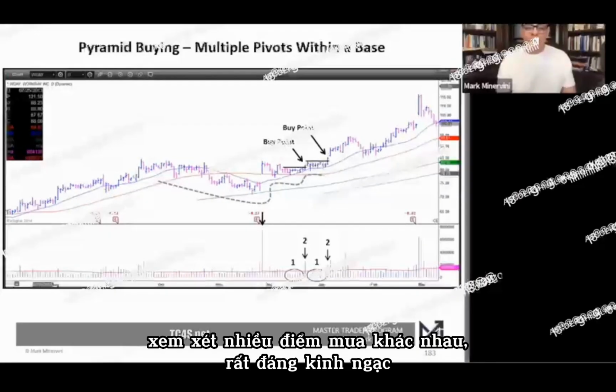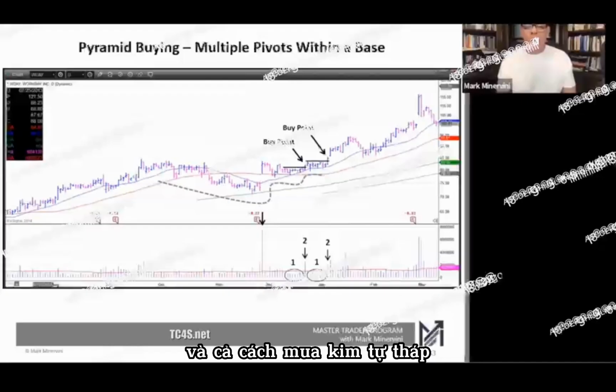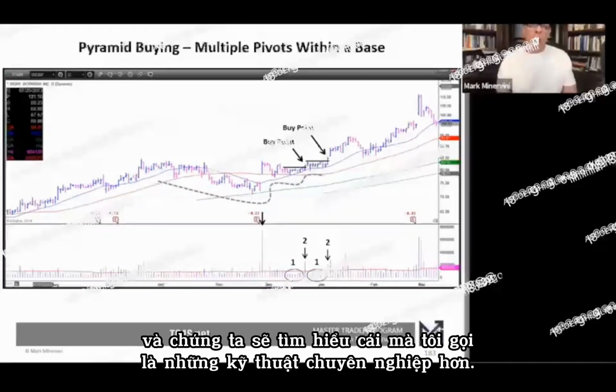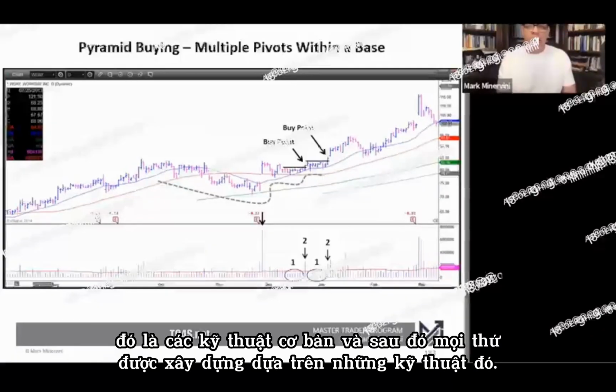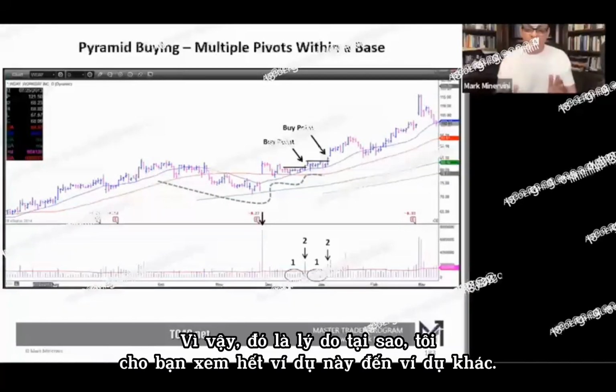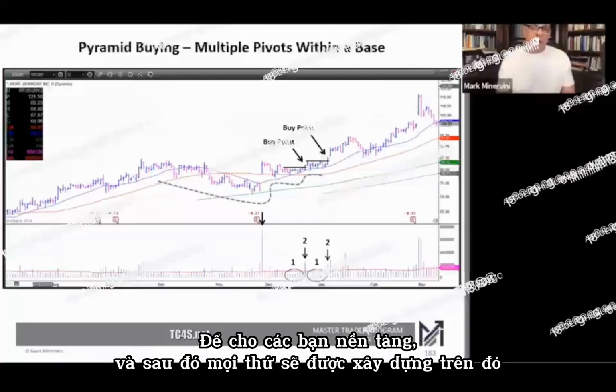There's staggering, there's pyramiding, and we're going to get into what I call more expert techniques. You start with the basic techniques, and then everything builds upon those. That's why I'm showing you example after example. I'm going to give you that foundation, and then everything is going to build.